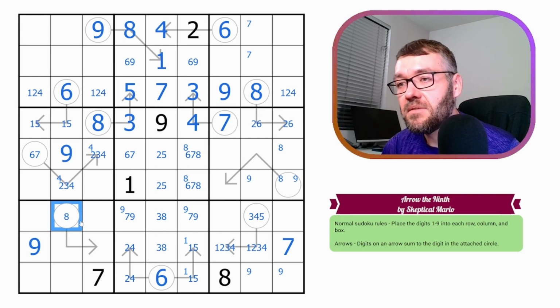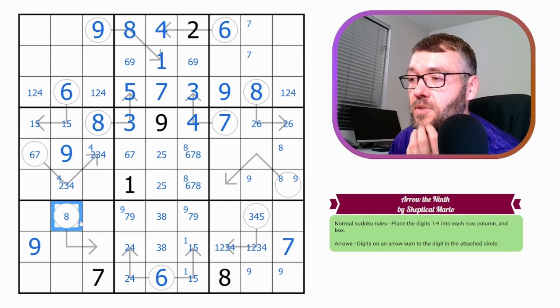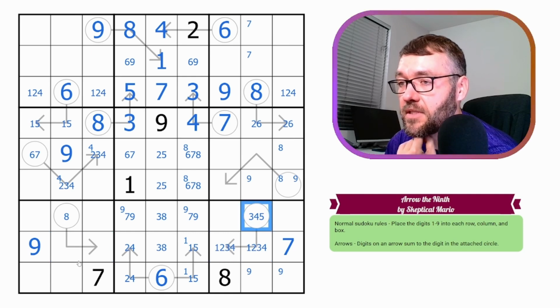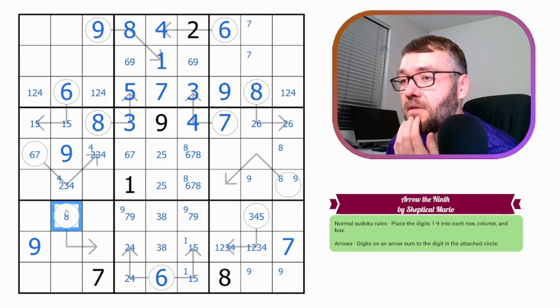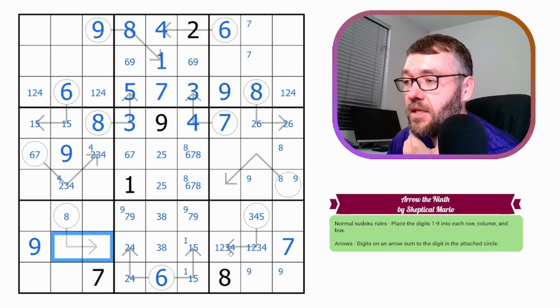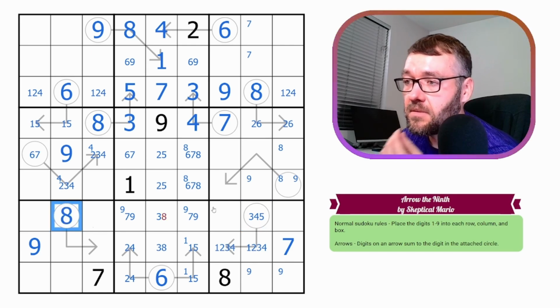So it's 8. Could it be a 4? Could we do 1, 3? If we did 1, 3, that would make this 2, 4, make this a 6, but 6 doesn't go here. So it can't be a 4. It can't be a 3, because that would make this 1, 2, making this 3, 4, making this 7, but 7 doesn't go there. So this has to be an 8.